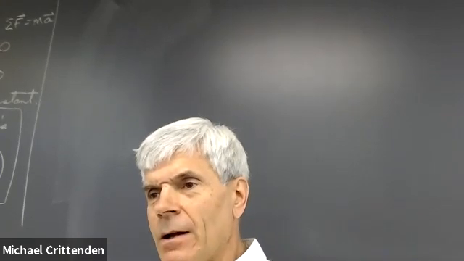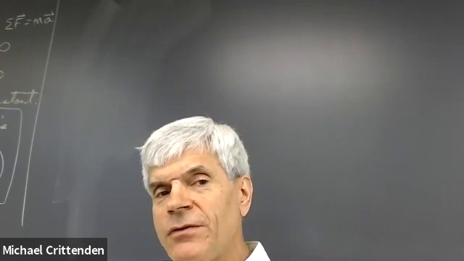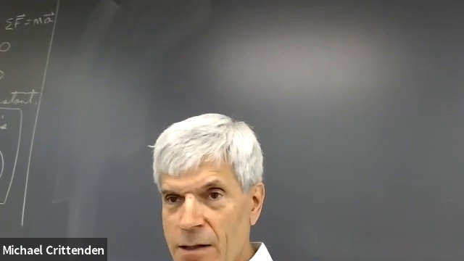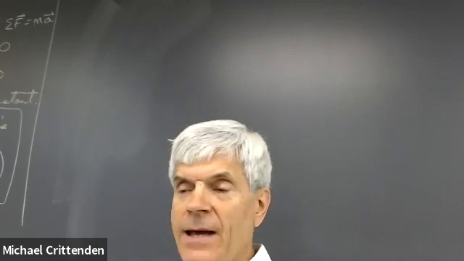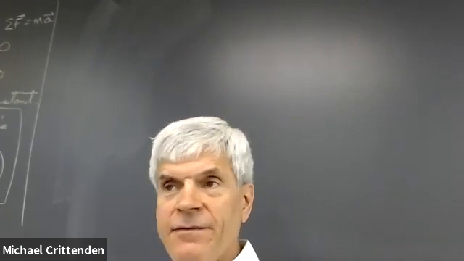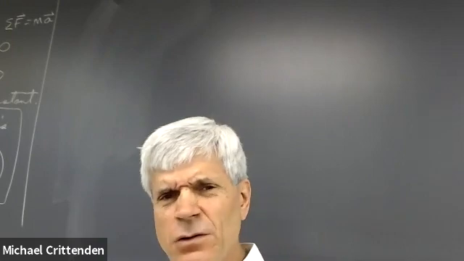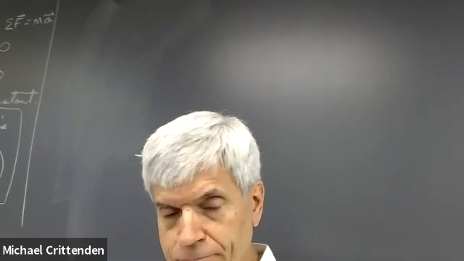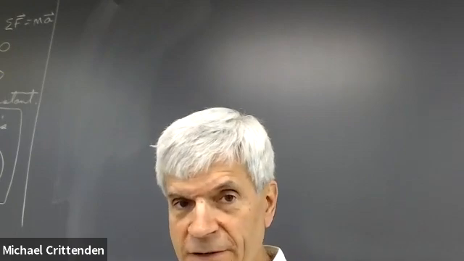So better to have some reproducible standard that anybody can use without having to refer to some artifact like that bar. Well, there was another definition used in between, but for about the last, I don't know, 15 or 20 years or something like that, the definition of the meter has been in terms of the speed of light.